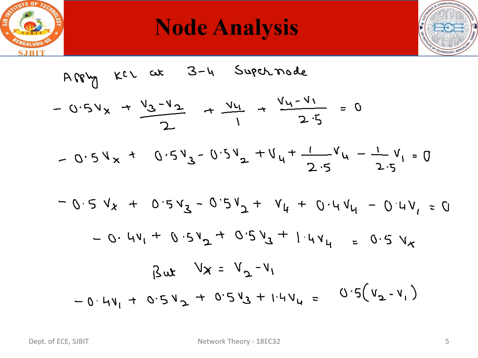This becomes 0.5 V1, and if it comes to this side, it becomes 0.1 V1, and this is 0.5 V2 and here it is 0.5 V2, that will cancel, then you'll get 0.5 V3 plus 1.4 V4 is equal to 0. Call this equation 3.